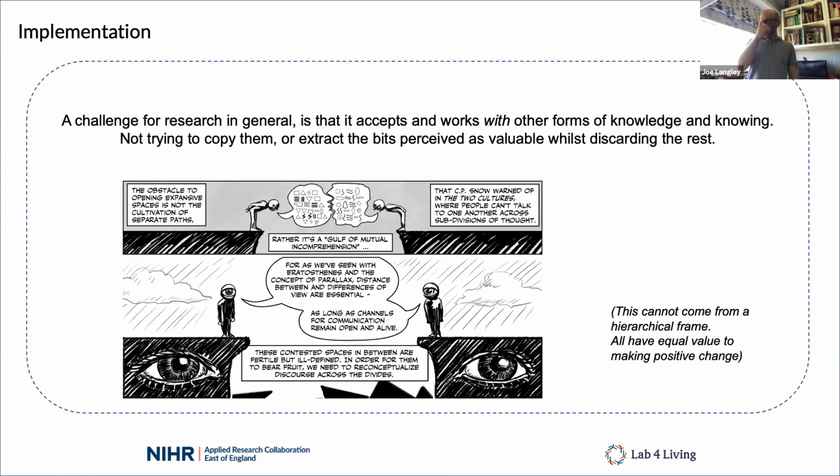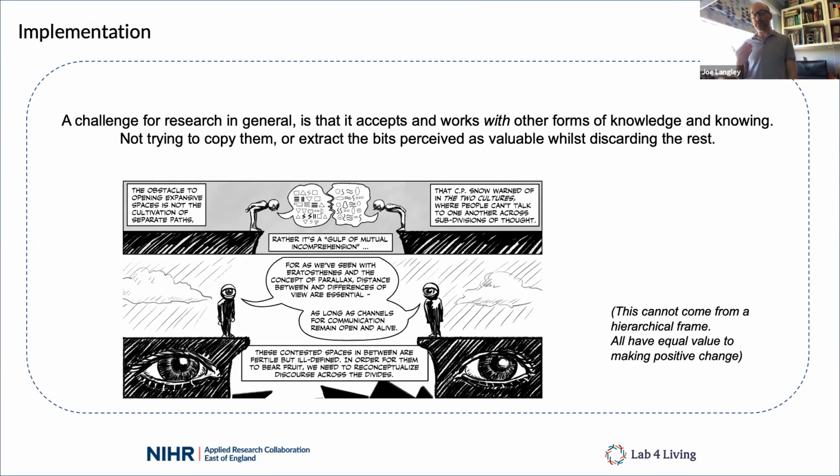The challenge for research in general is that it accepts and works with other forms of knowledge and knowing, not trying to copy them or extract the bits perceived as valuable whilst discarding the rest. And again, I'll go to Unflattening here. It's not the difference between the perspectives or ways of knowing that is the problem, it's how they are combined. As Nick points out in Unflattening, our bodies are built based on this principle.